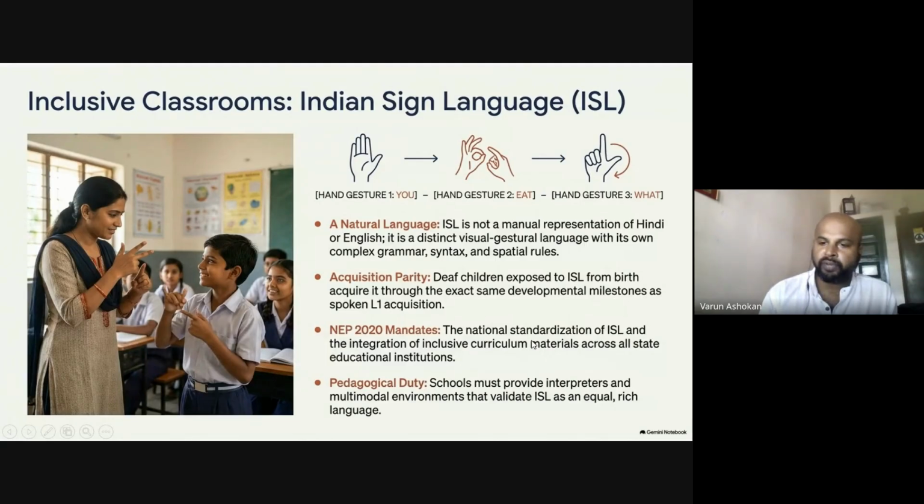The school must provide interpreters and a multimodal environment that validates Indian Sign Language as an equal and rich language environment. Through the policy, every school should have an interpreter or a multimodal environment where the child can use this language, not only the child with hearing impairment, but the classroom children may also use this language.